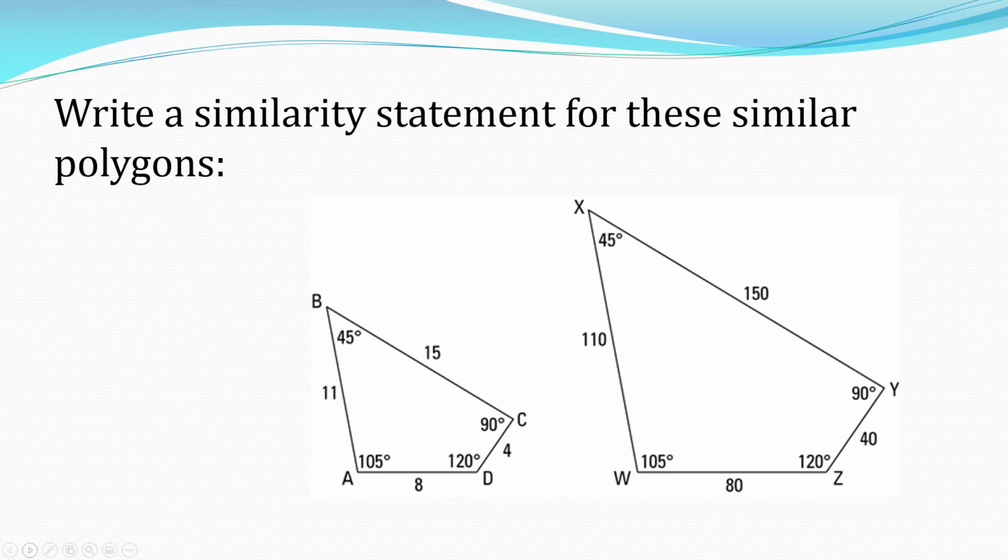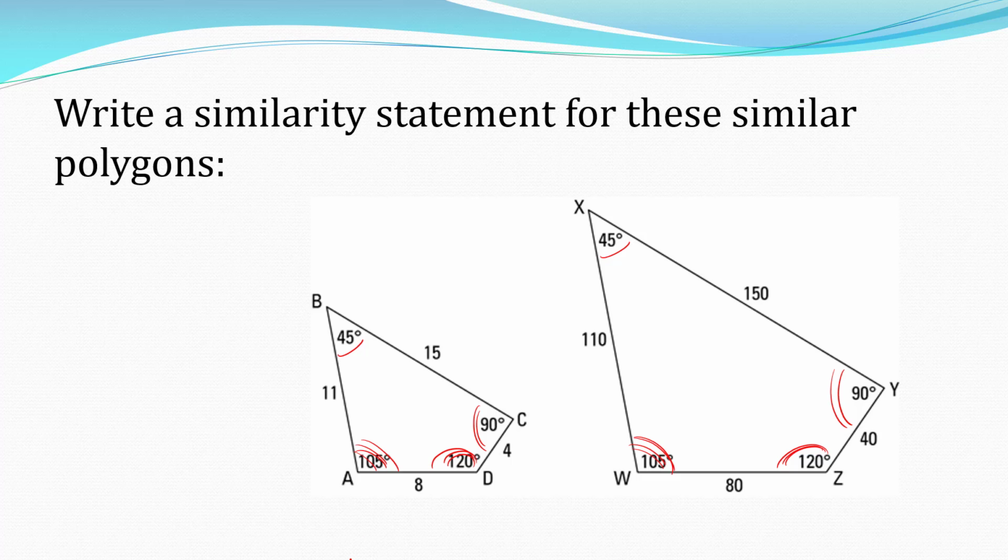Okay, so here I'm going to compare. I've got equal angle measures, 45, 45, 90, 90, 120, 120, and 105, 105. So we check that all the angle measures match up.